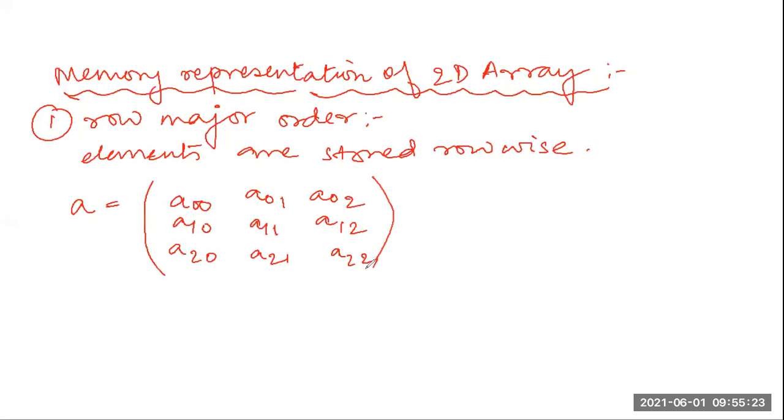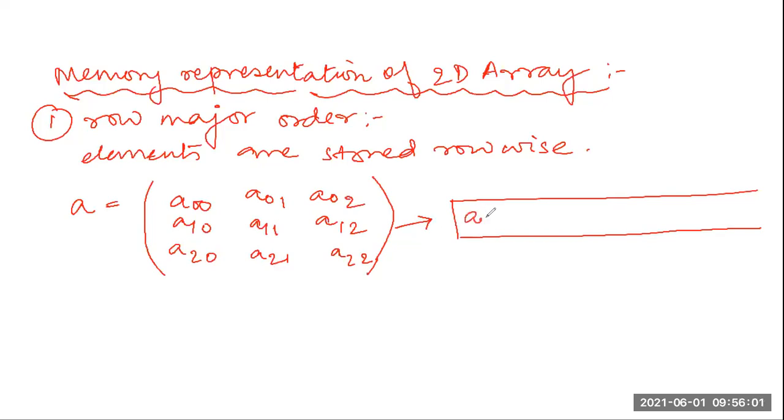Suppose, theoretically, I have a 3 cross 3 matrix where I am representing the array. Since it's a 2D array, each of the cells is represented like this: 0,0, 0,1, 0,2. Then what will happen if I need to store it in the memory? Since the memory has no grid format, only linear format, first row 0 will be stored, then row 1, then row 2.